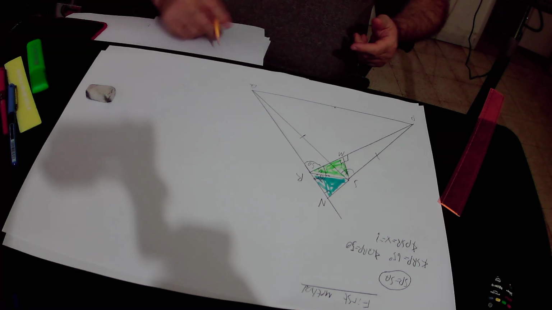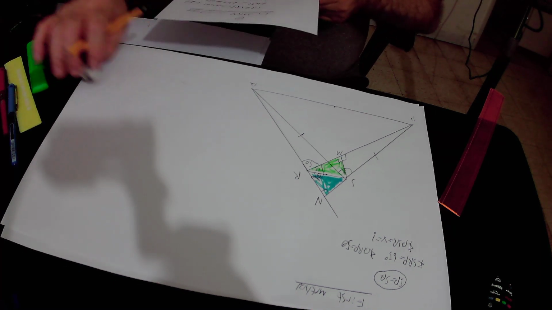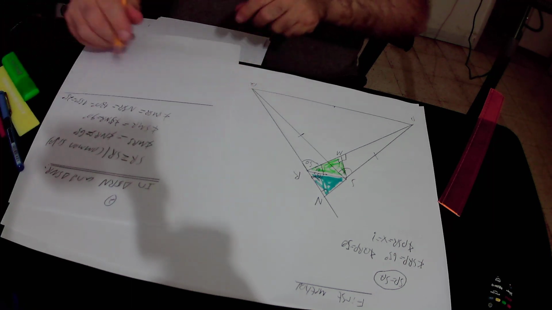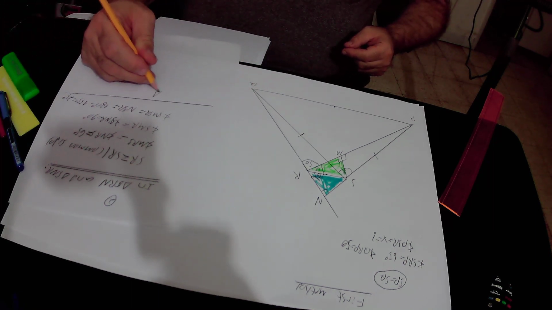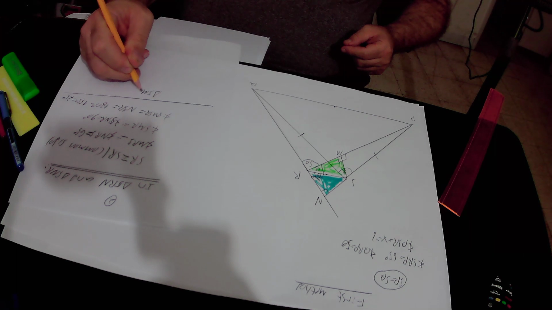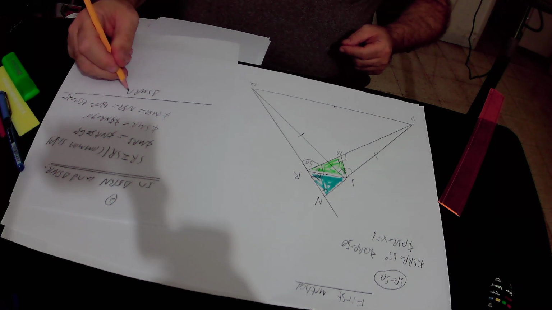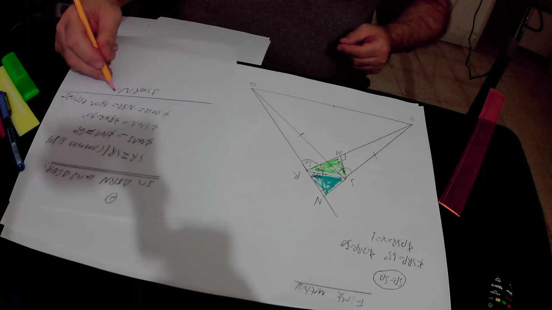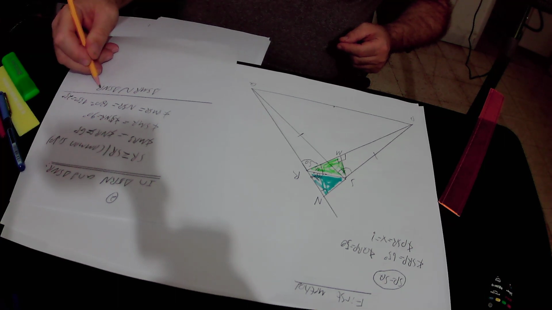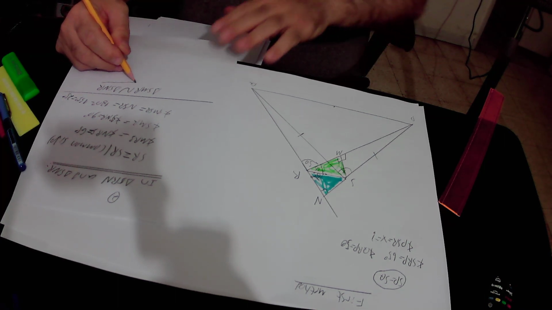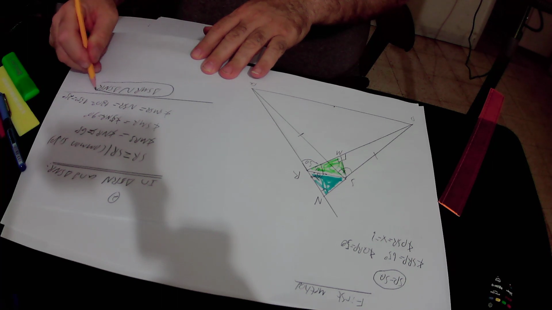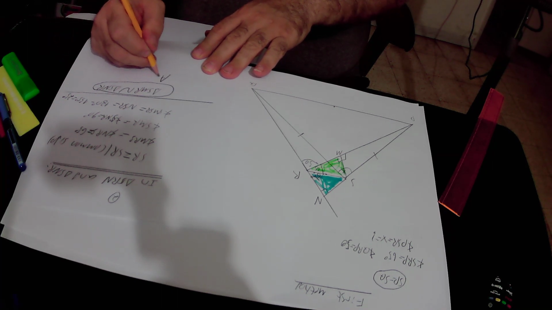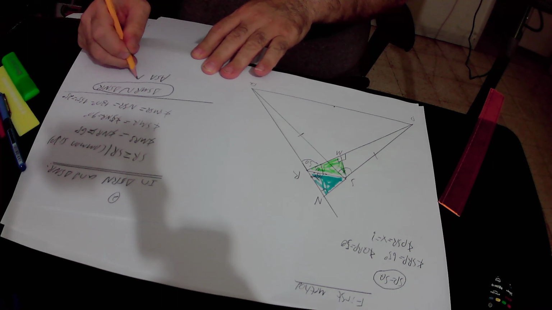That is to say, triangle SMR, the green triangle SMR, is congruent (that is the sign of congruent) to triangle SNR, the blue triangle, according to angle side angle rule.